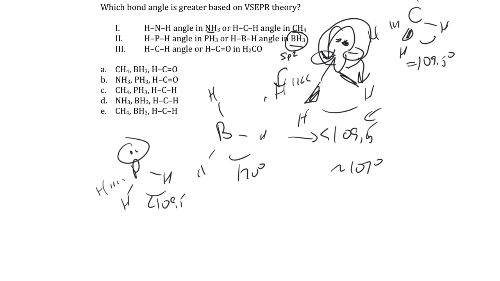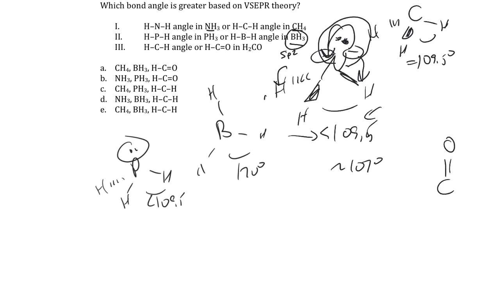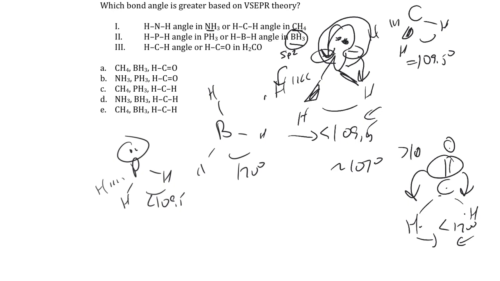And then if we have a double bond, we have two more electrons that can repel the single bonds. So the single bonds get closer together than the double bonds. So double bond repulsion, more electron pairs, push those single bonds together. So the HCH angle is going to be less than 120 degrees, and the OCH angle is going to be greater than 120 degrees. So the HCO angle is going to be greater, the BH angle is going to be greater, and then the CH4 angle is going to be bigger.